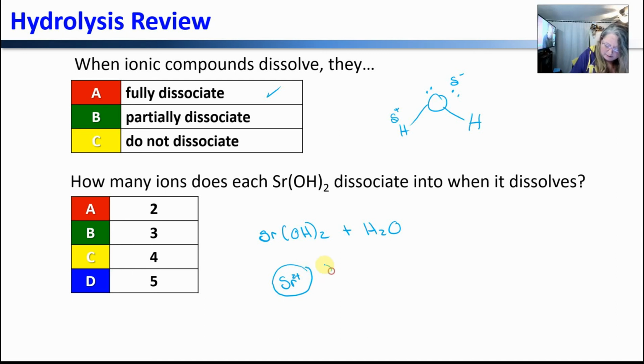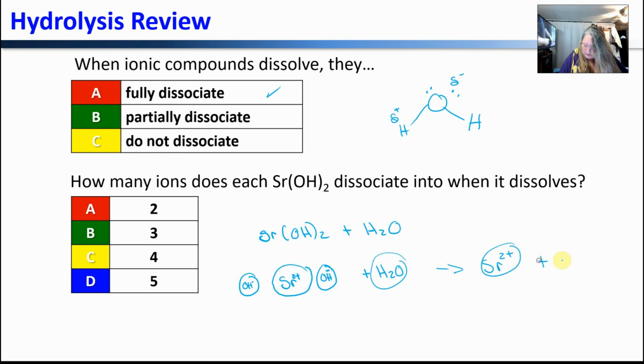And then it's going to have these other OH minus, my hydroxide ions floating around or attached next to. And I'm going to put that in my water, and they're going to interact with that water molecule, and in the end I'm going to have just the one strontium 2 plus floating around plus my OH minus, and I'm going to have two of those.